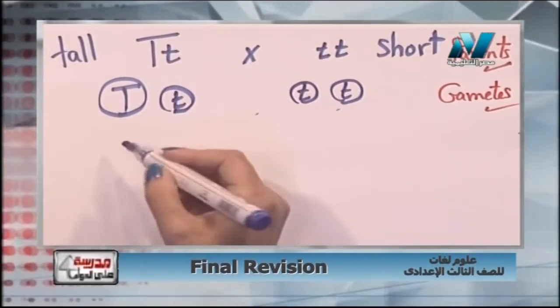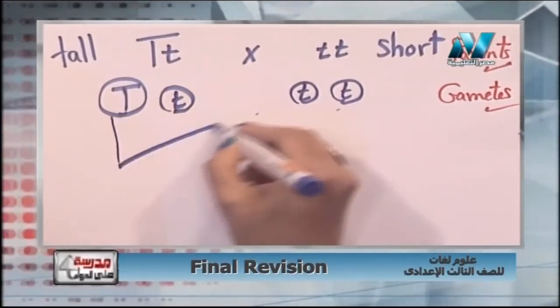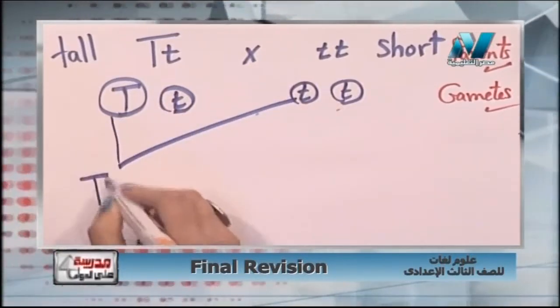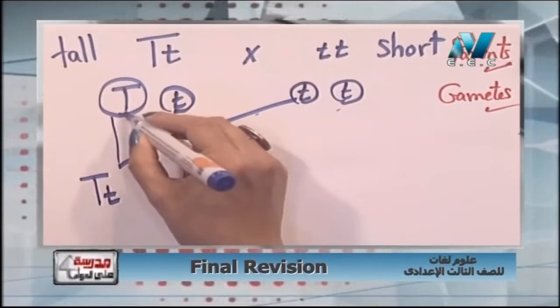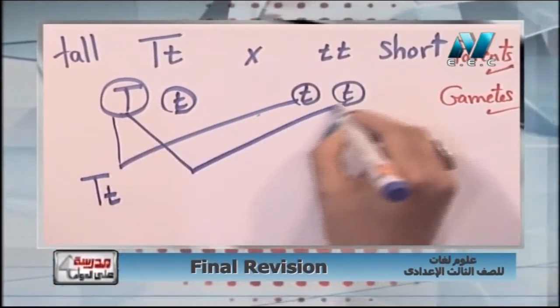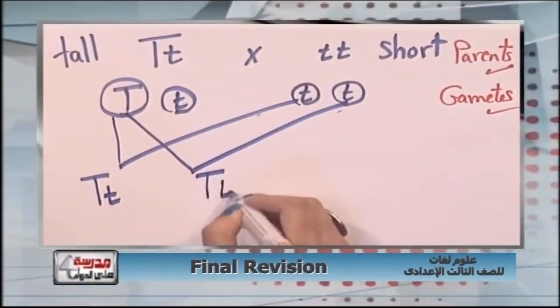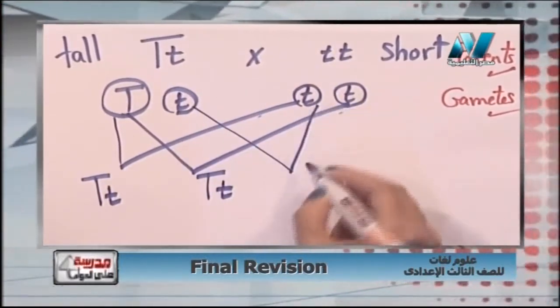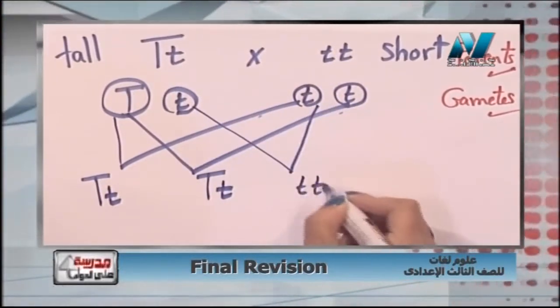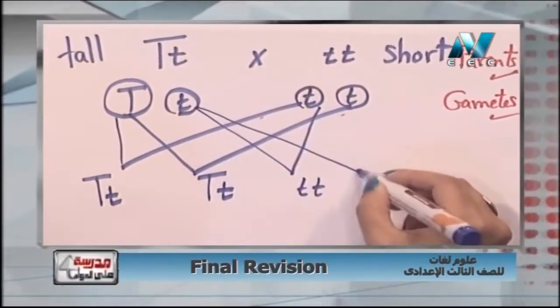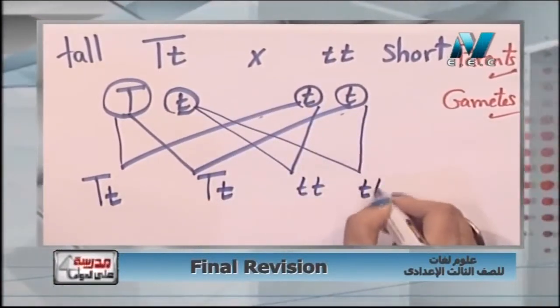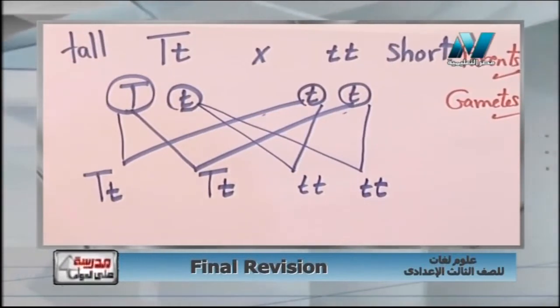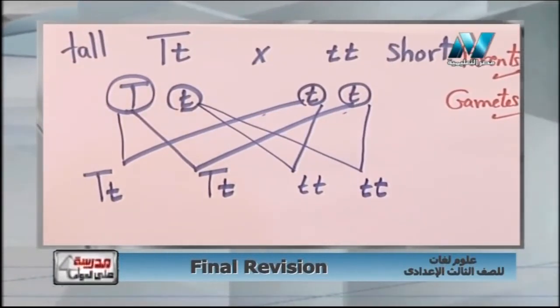The gamete number 1 with this will form capital T, small t. And the first with the second, capital T, small t. The second gamete with the first and the second: small t, small t, small t, small t. Let's see the ratio and what the offspring is.